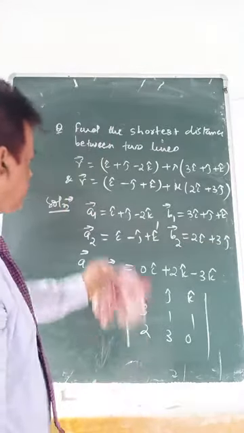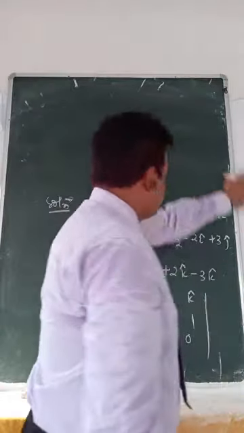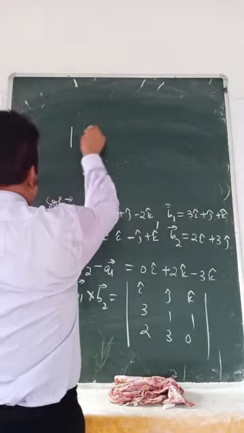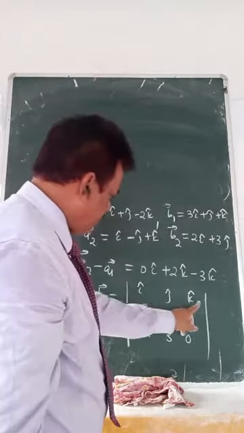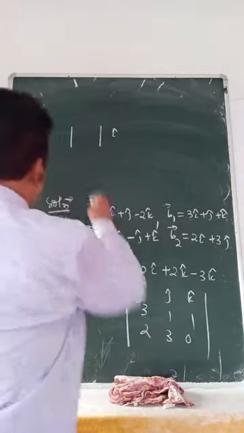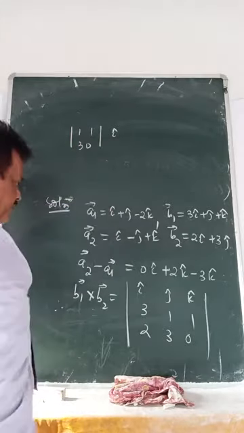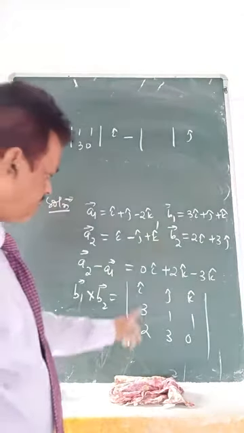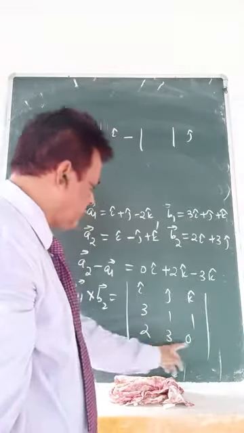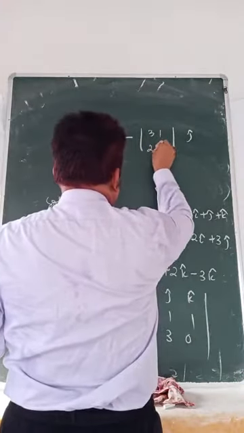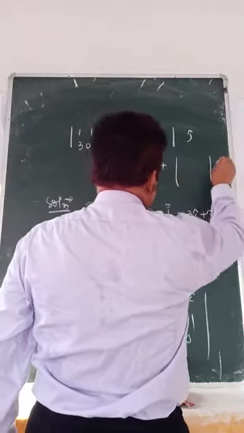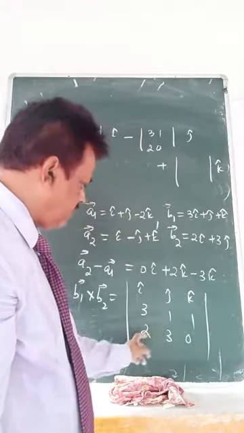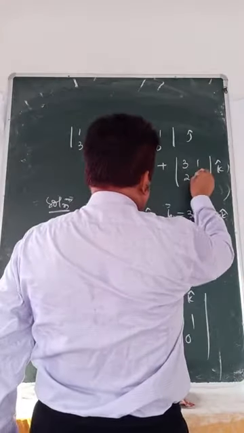So how to evaluate determinant? Remember, that will be I times, forget I line, what do you find? (1 1; 3 0), then minus J times, J line you forget, (3 1; 2 0), plus K times, K line you forget, (3 1; 2 3).